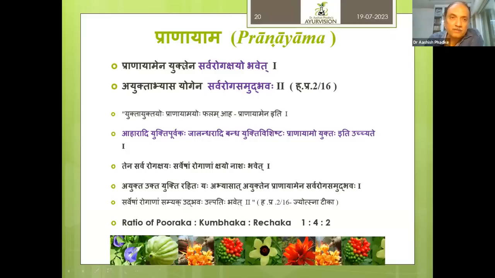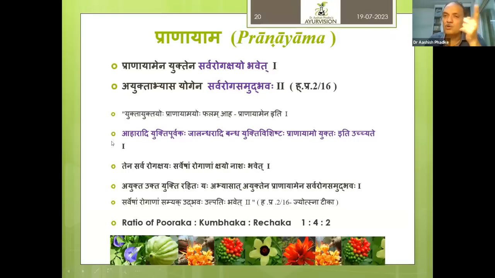Now, when we say yukta, what does yuktena mean? In the Brahmananda Tika, they have said: yukta yukta yo pranayama yo phalam aha pranayamena iti. Aharadi yukti purvaka jalandharadi bandha yukti vishishta pranayamo yukta iti uchyate.